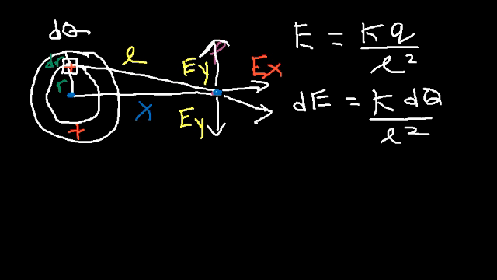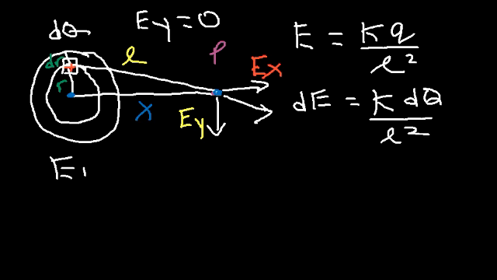So these two vectors will cancel, and therefore the net electric field in the y direction will be equal to 0. So Ey is 0. Ez is also 0. It turns out that the net electric field at point P is equal to the x component of the electric field. So therefore we need to calculate dEx.